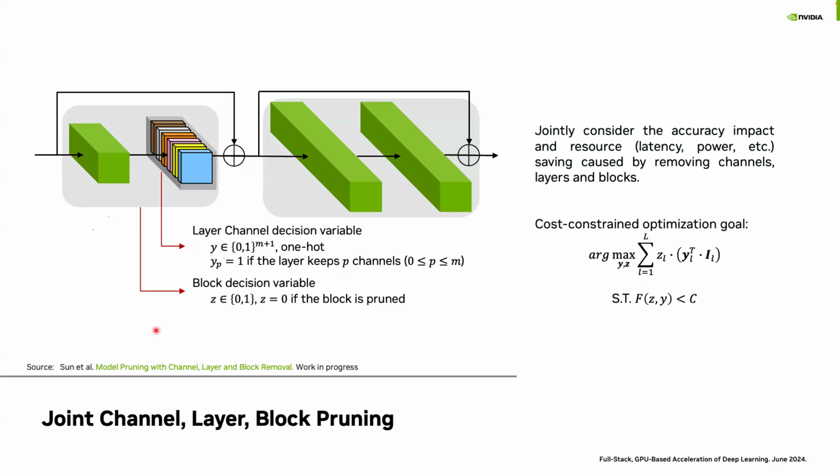As you can see here, if we consider the skip connection in the model, it actually becomes quite easy, because we can directly add a layer decision variable or a block decision variable to decide whether we want to keep this layer or this block. So here we add two more variables to the pruning problem, and then we jointly optimize the channel, layer, and block decision variables under certain constraints in a global way.